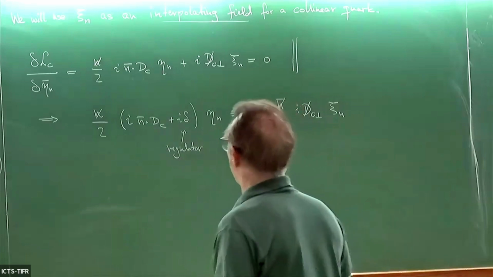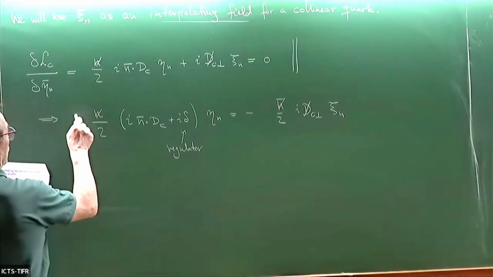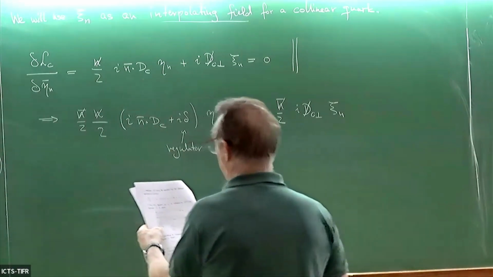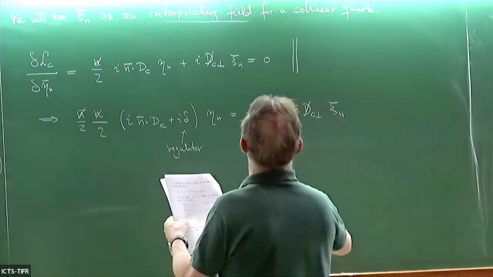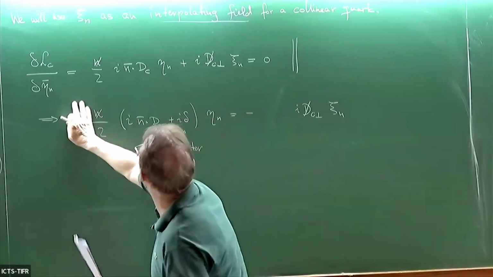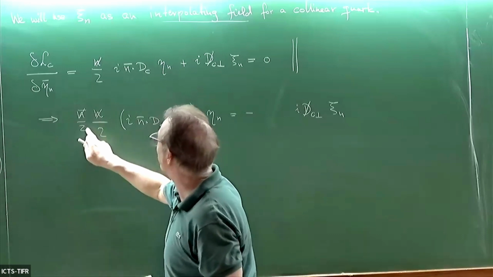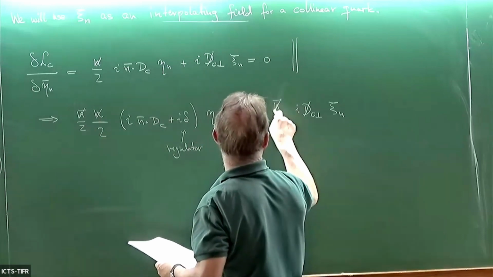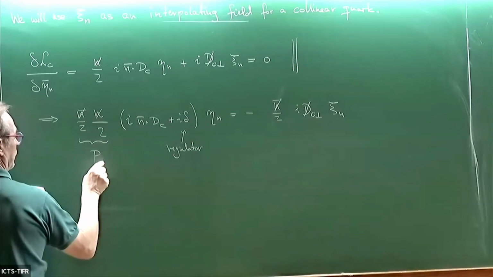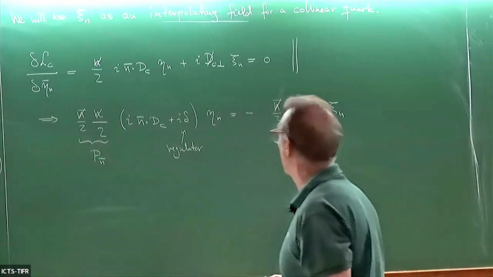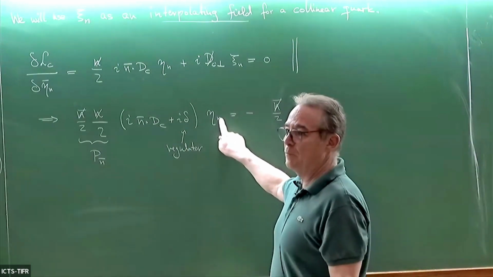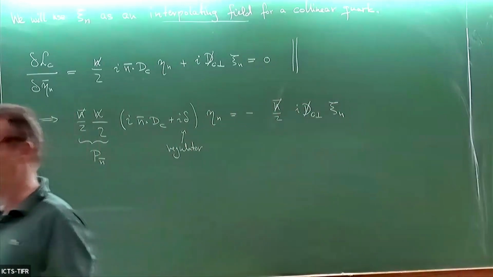Now I'm going to multiply this equation with n bar-slash over 2. Oh no, sorry. Now I multiply with n bar-slash over 2 on both sides. And now here you can see this is what I called the projector P_n bar last time. There's no Dirac structure here, so this is P_n bar acting on eta, but eta is defined as P_n bar acting on psi.